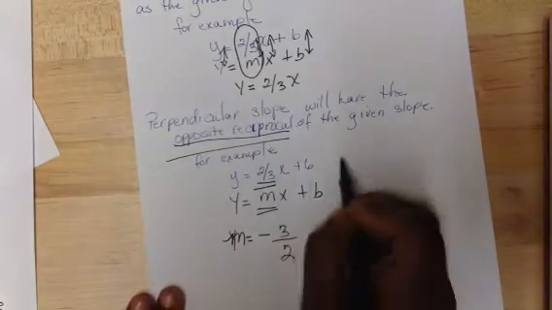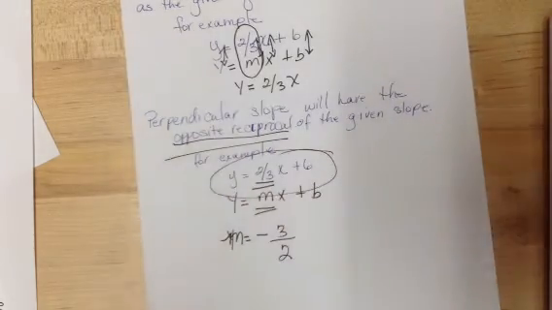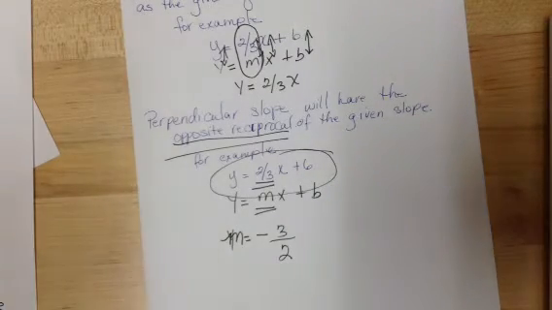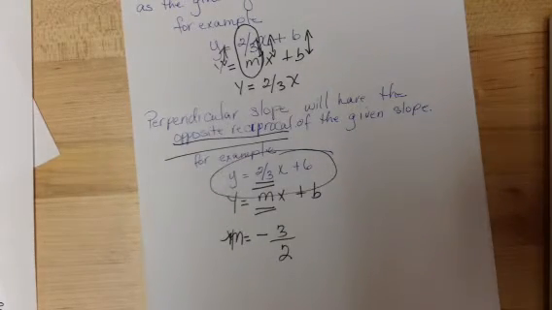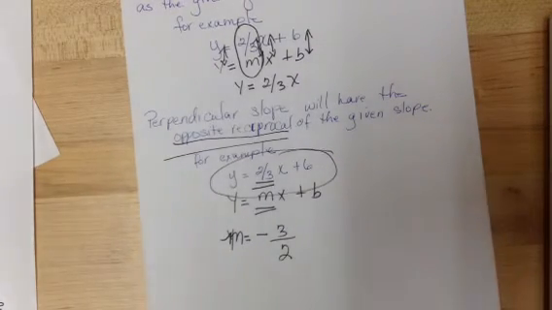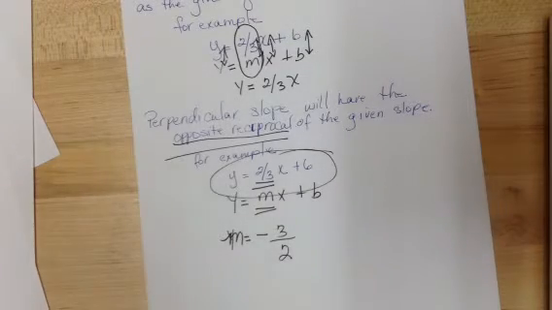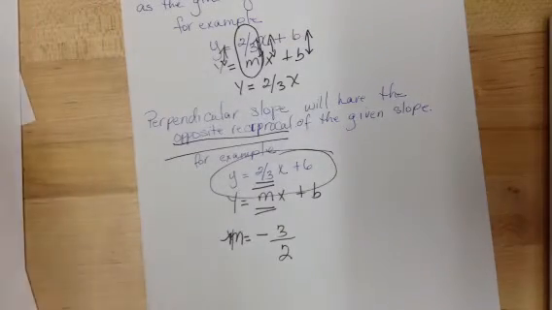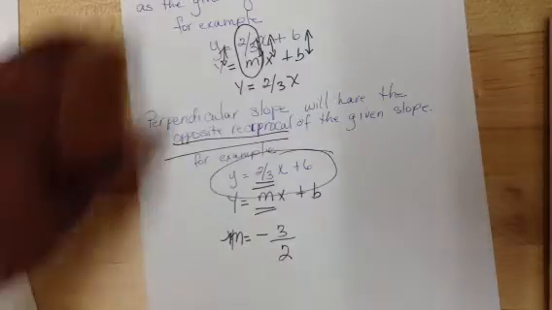So this is my given equation, y is equal to 2/3 x plus 6. If I were looking for the perpendicular slope of that line, the perpendicular slope would be m is equal to a negative 3/2. I hope that cleared up that situation for you, and we can move further.